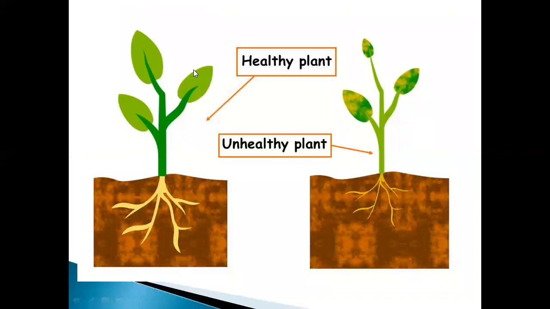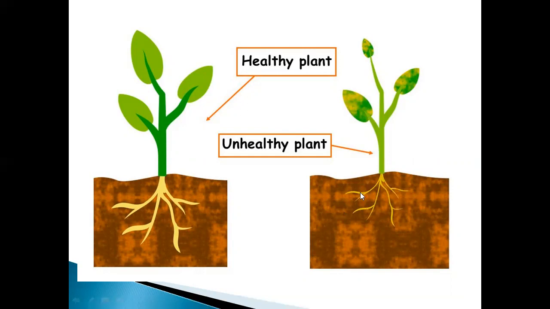One more example, a healthy plant, this one, almost dark green. Each part, stem, leaves and roots, is good. Roots are growing well. You can see they are going down and growing well because of good space. And the unhealthy plant changes a little bit into yellow color, because of rust, not getting proper water and nutrients. It means this is an unhealthy plant.